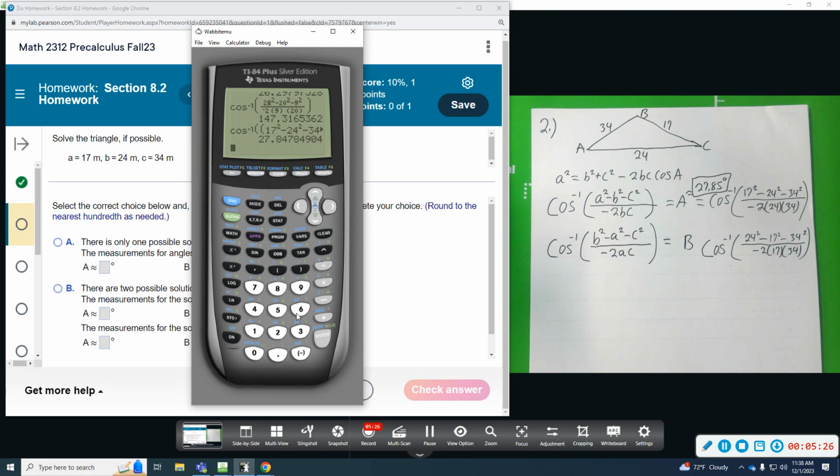All right, so I'm going to do a similar calculation for angle B. I'm going to do second cosine to get the inverse. I'm going to make the fraction this time using alpha, y equals. So that avoids me having to do so many fractions. I'm going to do 24 squared minus 17 squared minus 34 squared, and then a negative 2 times 17 times 34.